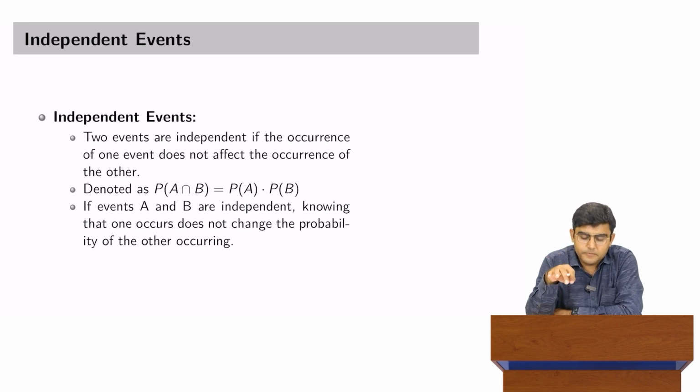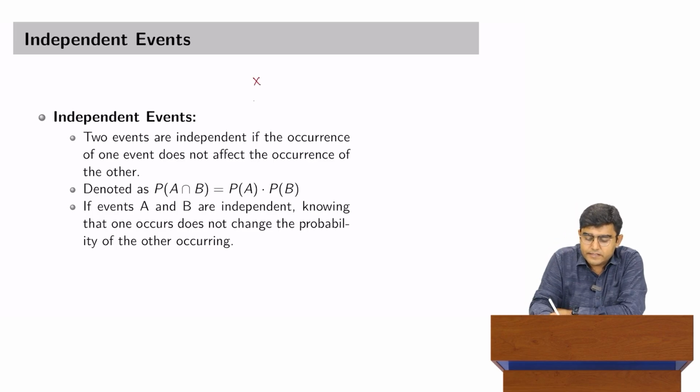So let us try to understand what an independent event is. Again, let us talk about two cities, X and Y. X and Y are 5,000 miles away from each other, or 5,000 kilometers, whatever unit you are comfortable with.